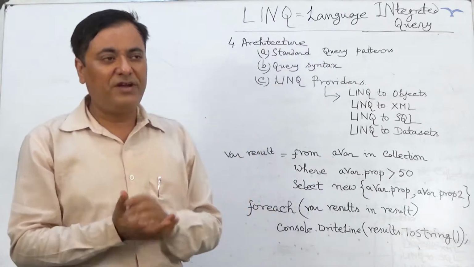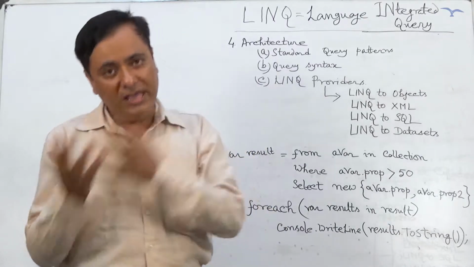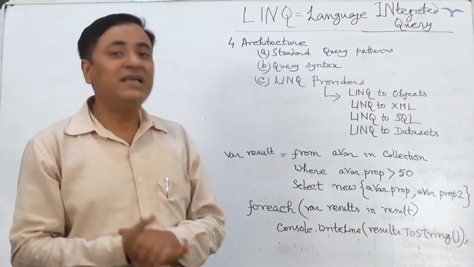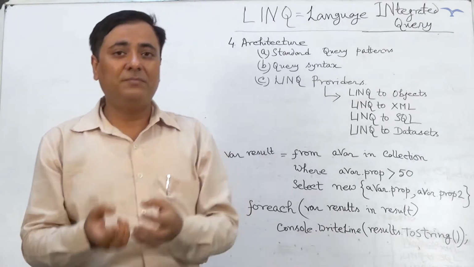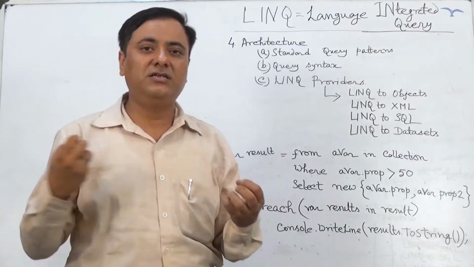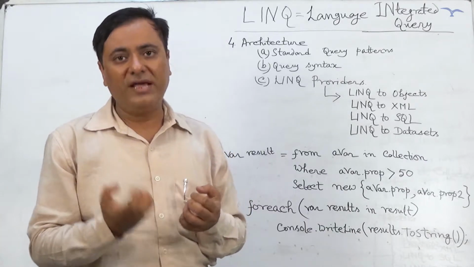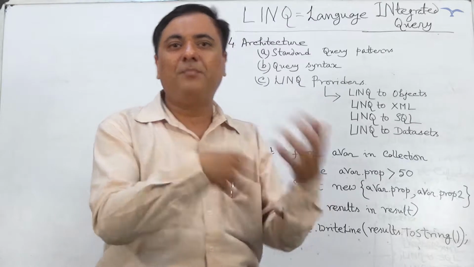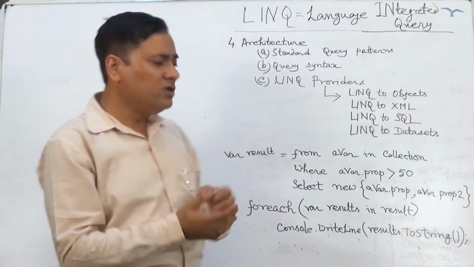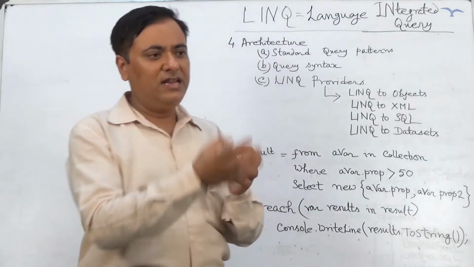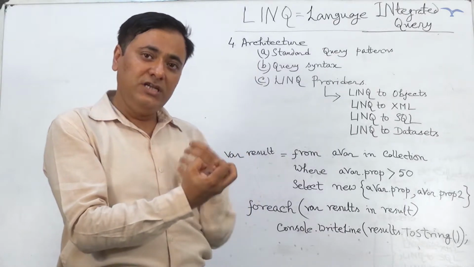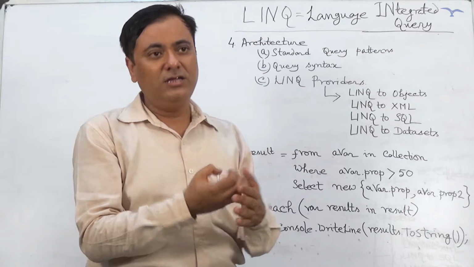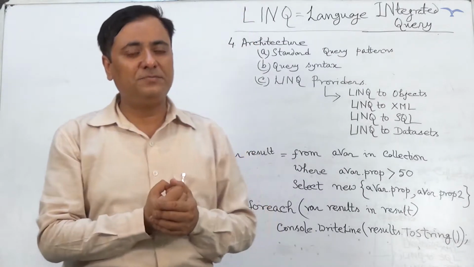Next, the second type of data which we normally use in our programs is XML. And XML is a very important part because sometimes we transfer and use XML data for different types of operations. So just consider you have XML data in your memory and you need to fire a query to search some specific items.